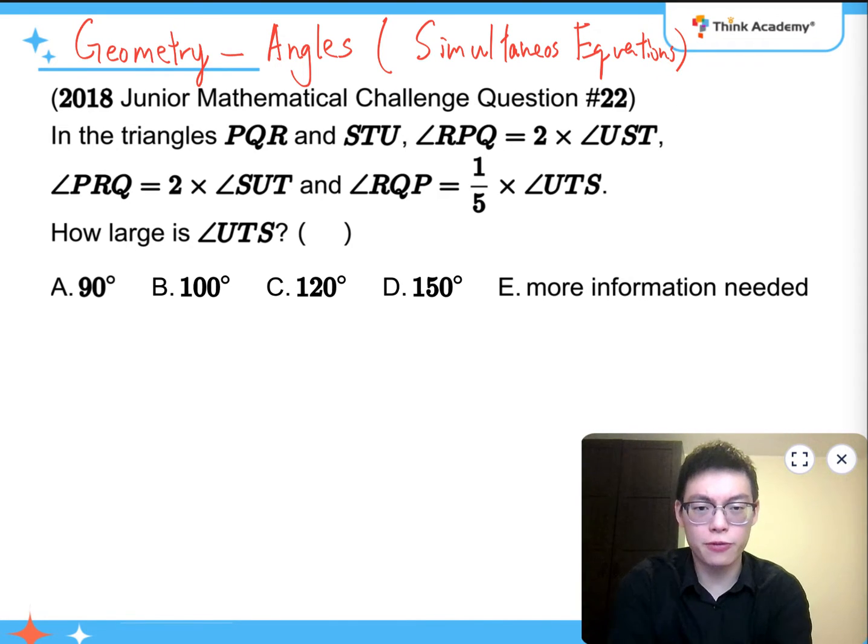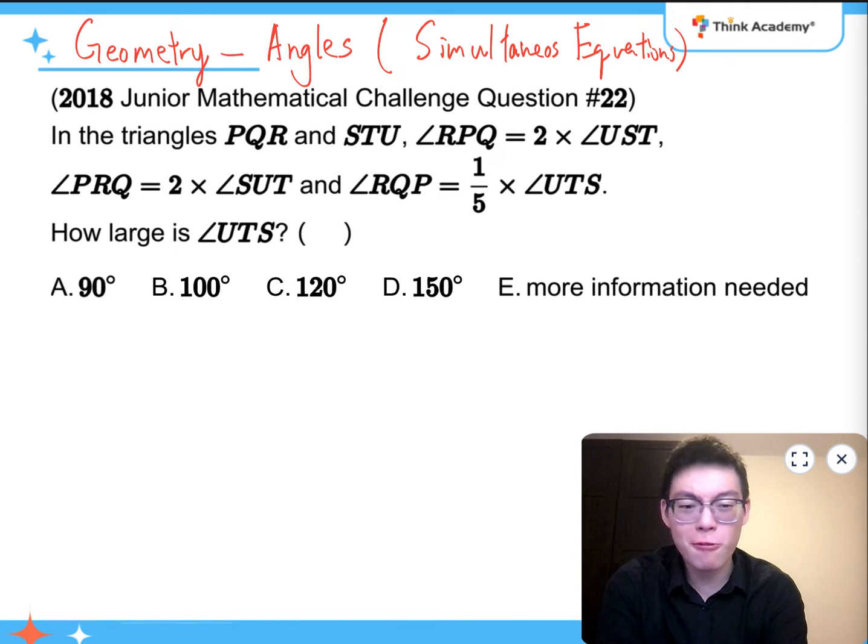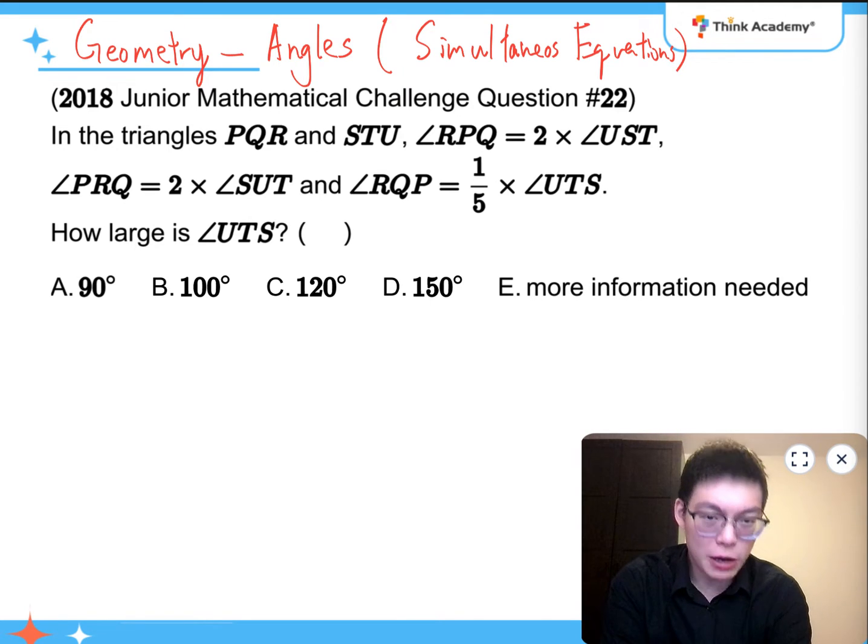This is a pretty tough question. You might ask me, oh, there's no x and y, so how can we do a simultaneous equation right there? So here's how it works.